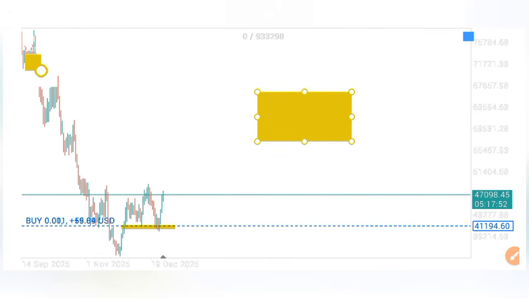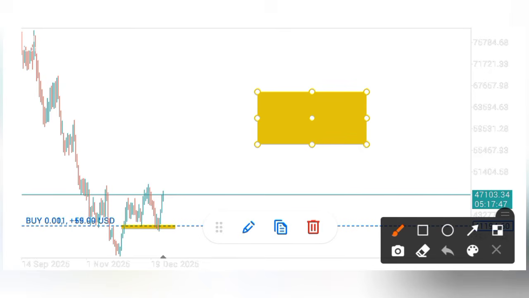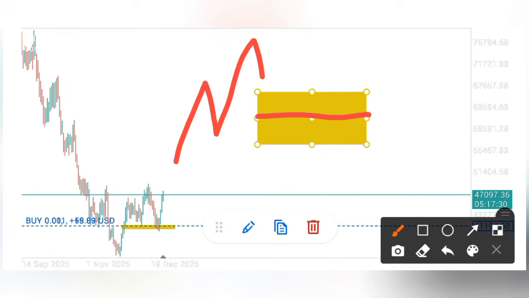Let's say this is your zone right here, and this is the middle of your rectangle. Let's say you have higher highs and higher lows, and price retraces and taps here, and goes back.